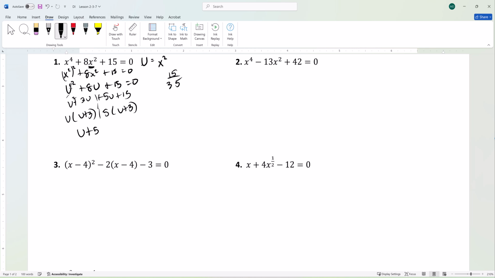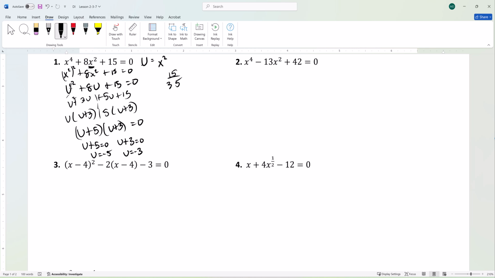So I get u plus 5, and then I get u plus 3. So set each equal to 0.